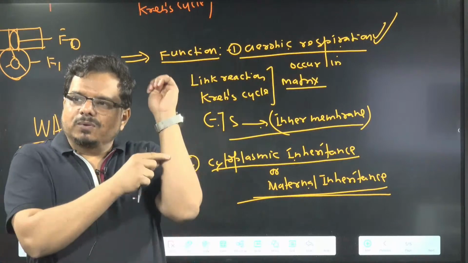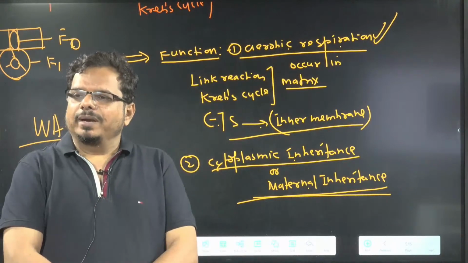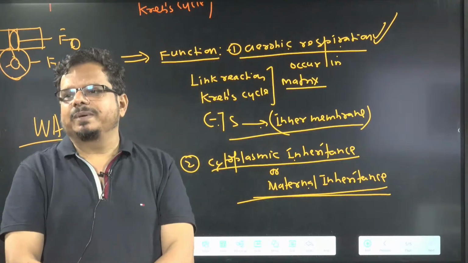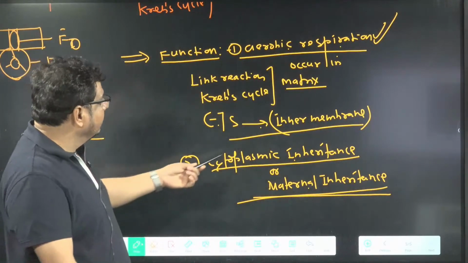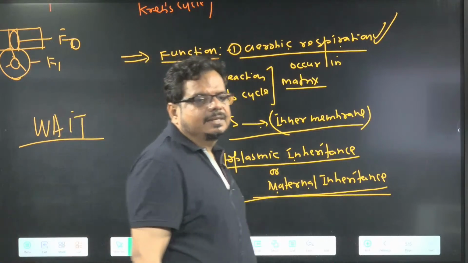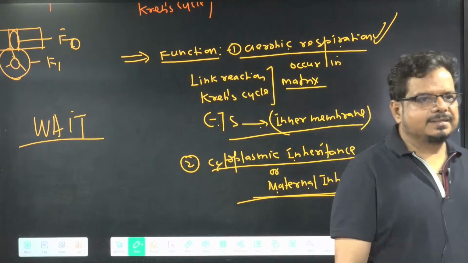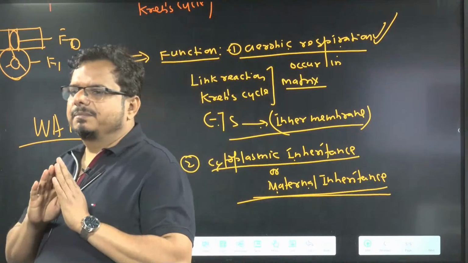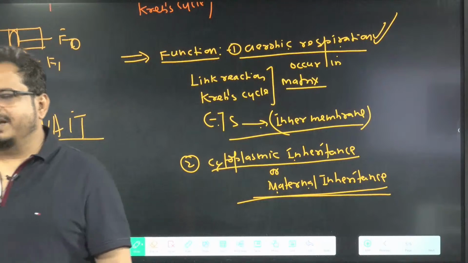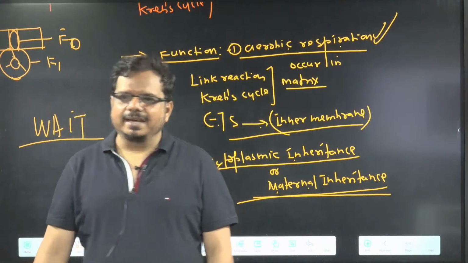Mother. So mitochondria present in your body exclusively came from your mother. So it is responsible for cytoplasmic inheritance, and hence this is also called maternal inheritance. So this is about which cell organelle? Mitochondria.